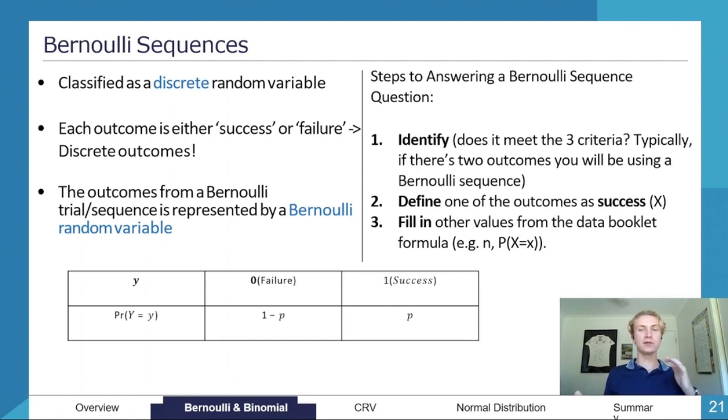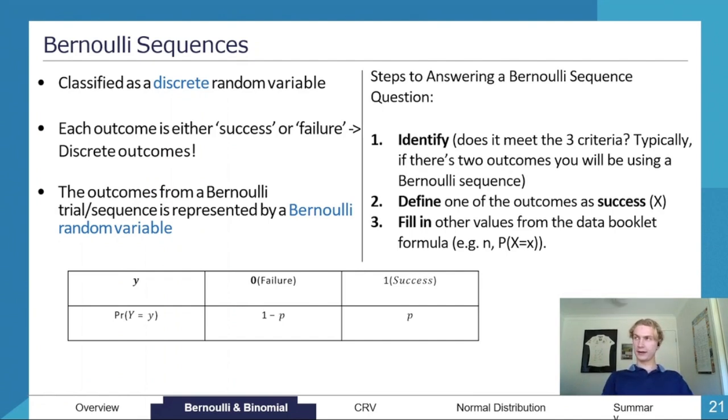The outcomes from a Bernoulli trial and sequence can be represented by a Bernoulli random variable. We can set it up in a table like this. This is just a nice 2 by 2. For Y, we have failure and success, and then the probability that Y or X equals that is defined there. So 1 minus p for failure, p for success.